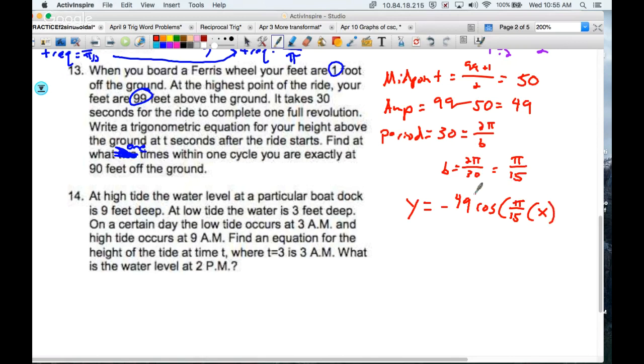It just doesn't need to be shifted. We got it to the right starting point by just flipping cosine. And then we need to shift it up 50, so plus 50 feet.